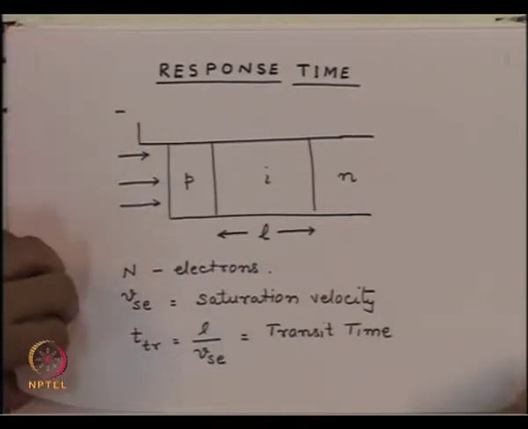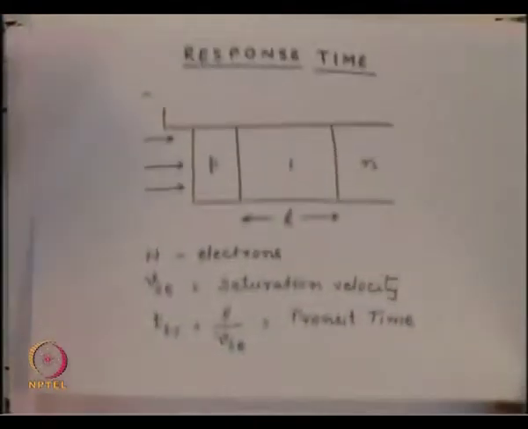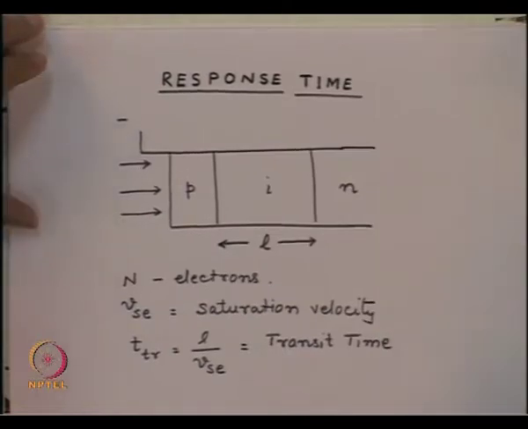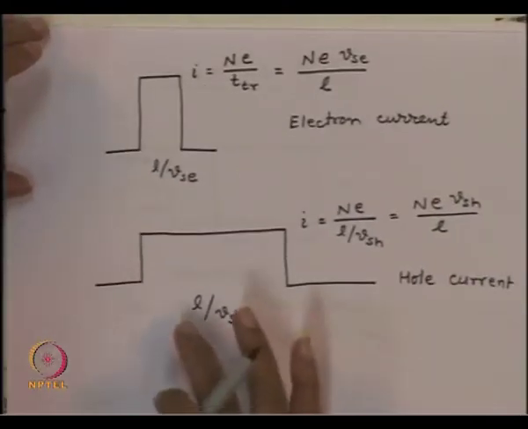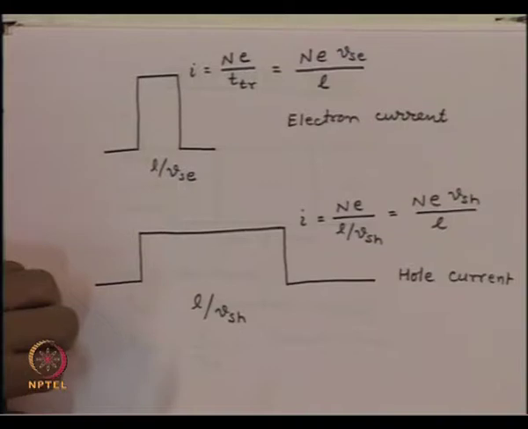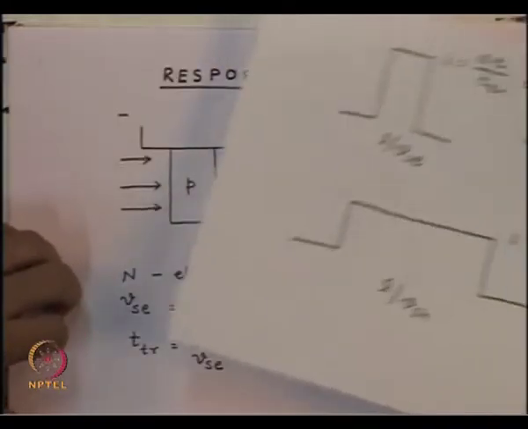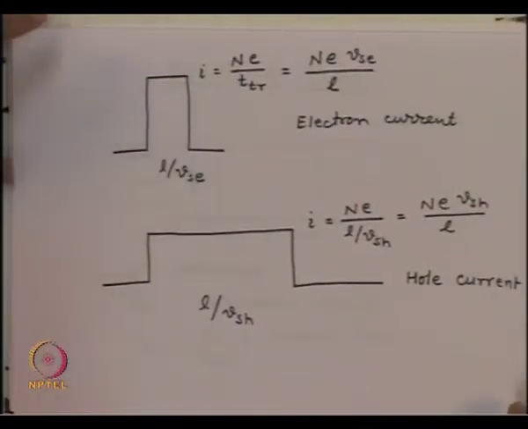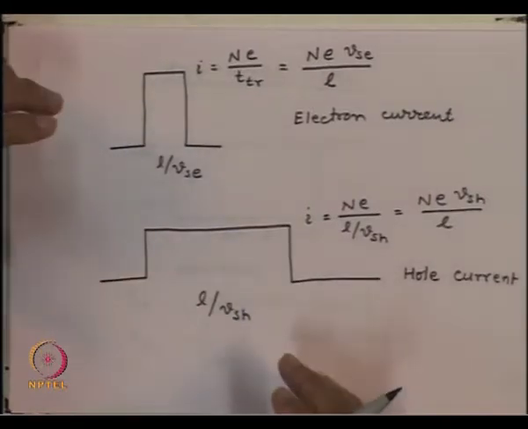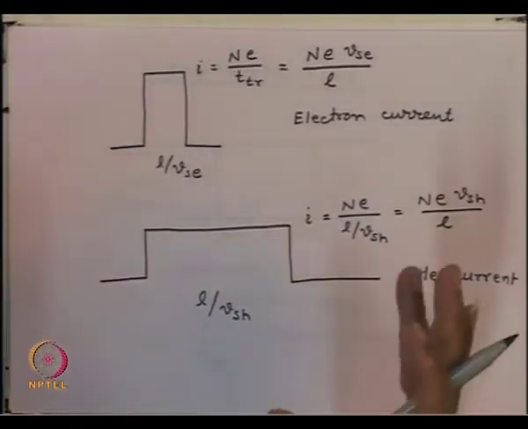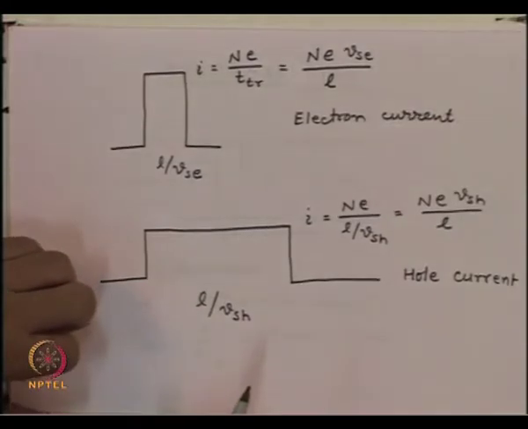So, you will now have the combination of the hole current and the electron current, and both will be traveling essentially for a distance equal to L by 2. These are simple cases just to understand how the current is going to flow inside this intrinsic layer of the PIN diode.